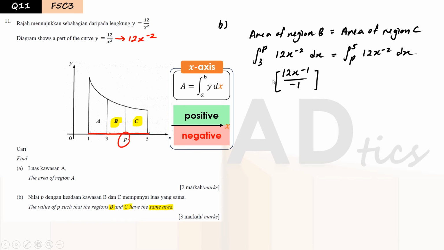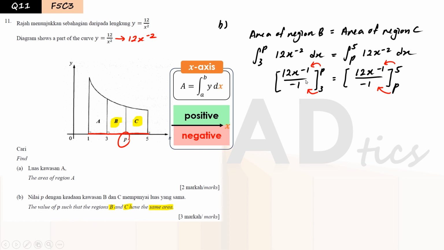This will be the result when we integrate this, right? And at the right side of this bracket, we are going to put the lower and the upper limits. Same goes for the area of region C as well. Now I am going to substitute the two values inside the bracket for both sides, and then we're going to find the differences.